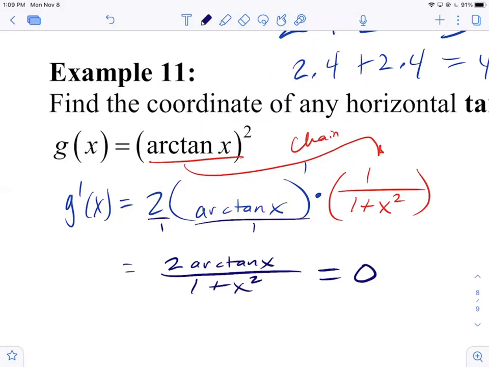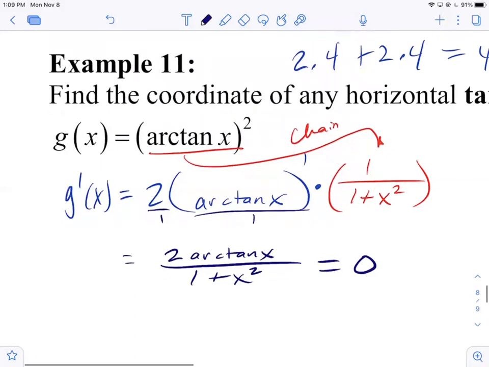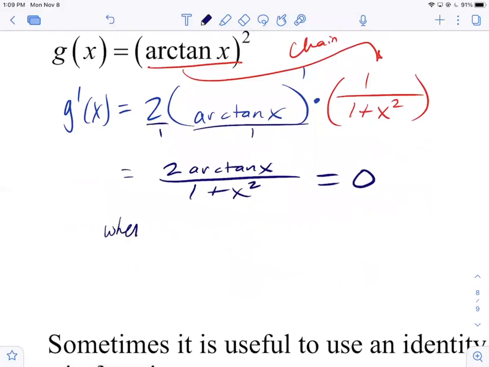We will say, though, that a fraction equals 0 when the top is 0. So you end up with pretty much the same thing that you would get if you had multiplied both sides by 1 plus x squared, but that's not how we got it, because multiplying both sides by 1 plus x squared essentially eliminates it. We're getting it by a theory.